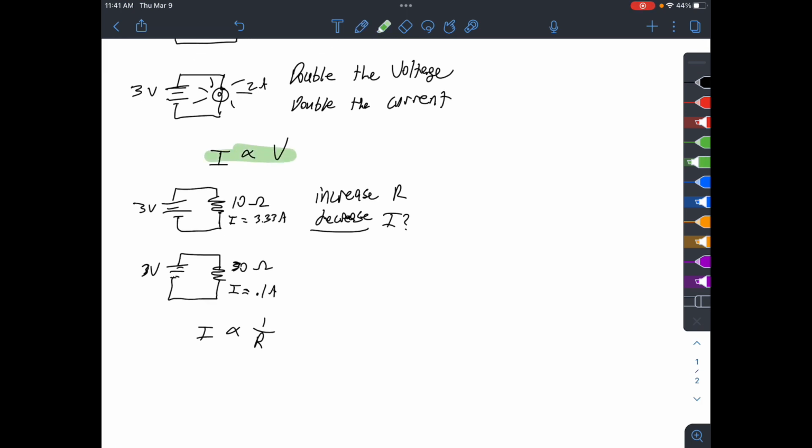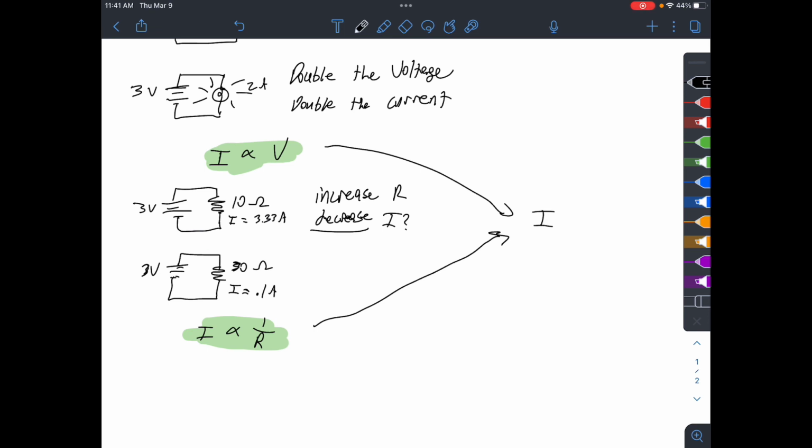Combining these two together, something very useful pops out, which is I being equal to V over R. And this is Ohm's law. We can see that our relationships are still upheld here.